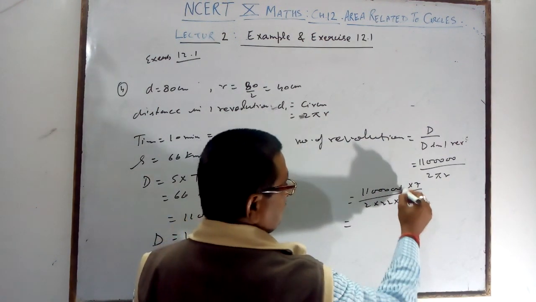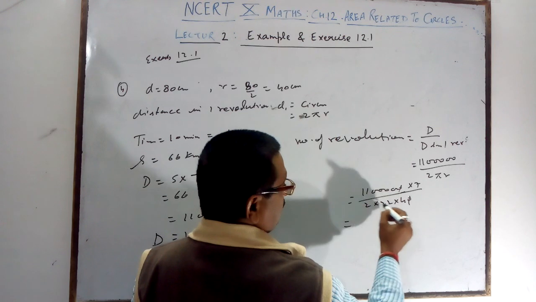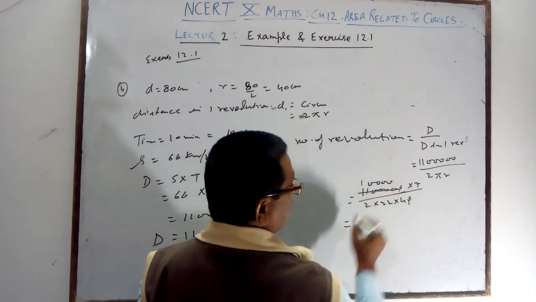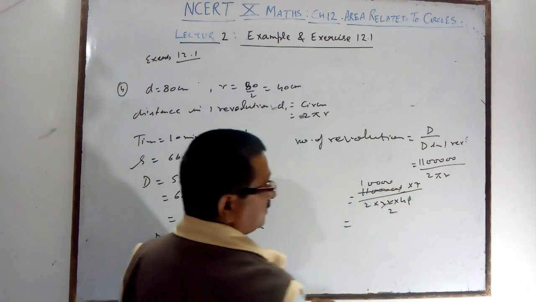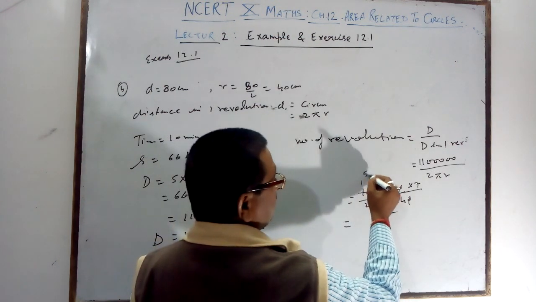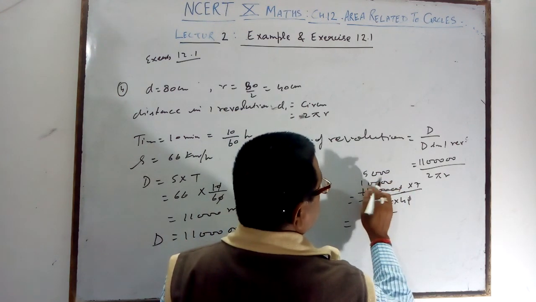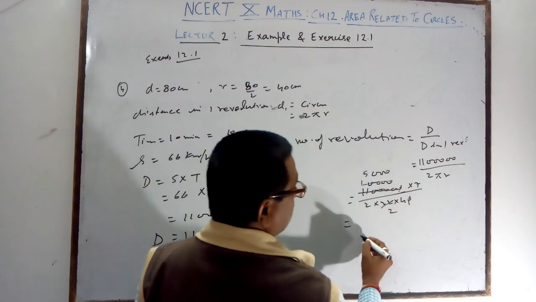So 1 zero will be cancelled. How many zeros are left? 3 zeros are left.